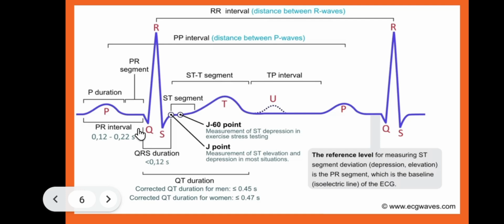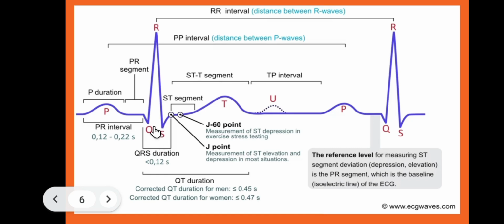As you could see here on our picture, it looks like a sharp, tall spike with a Q dip. R represents the peak, and S is another dip. So Q dip, R peak or R spike, and S dip.